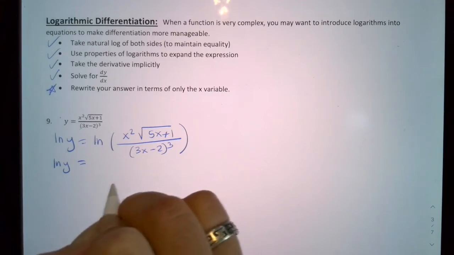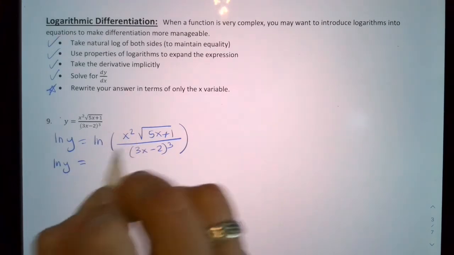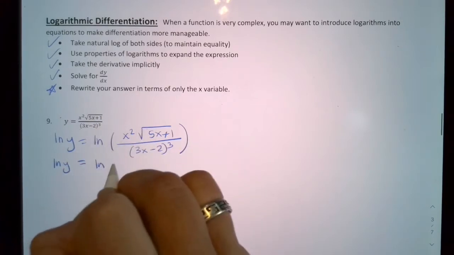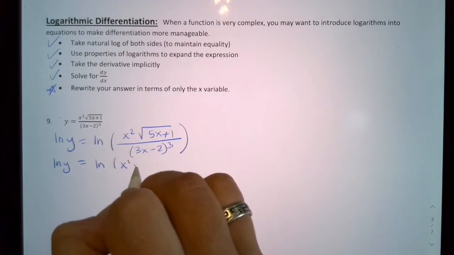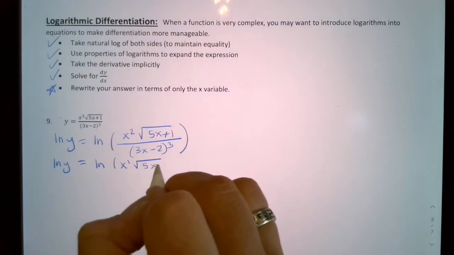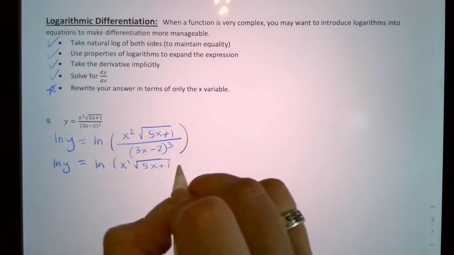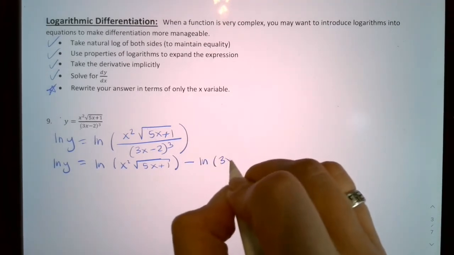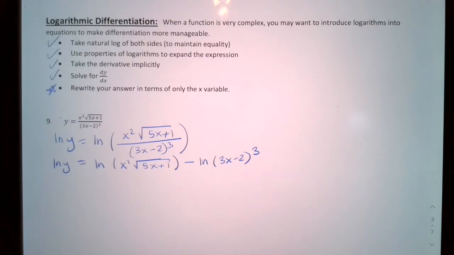But what I can do is say, all right, I have a product in the numerator. So we could set it up that way: x squared times the square root of 5x plus 1. And then I have the denominator, which I can break up into a separate logarithm. That's one of your properties.